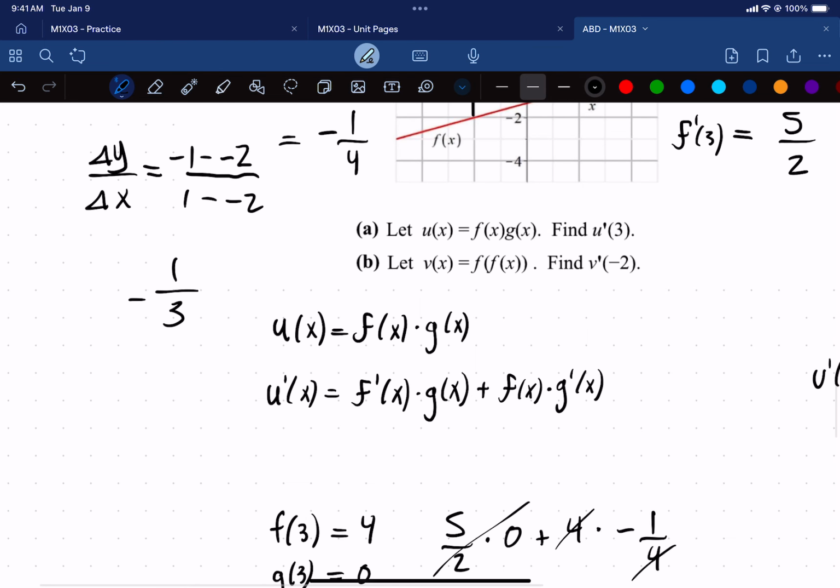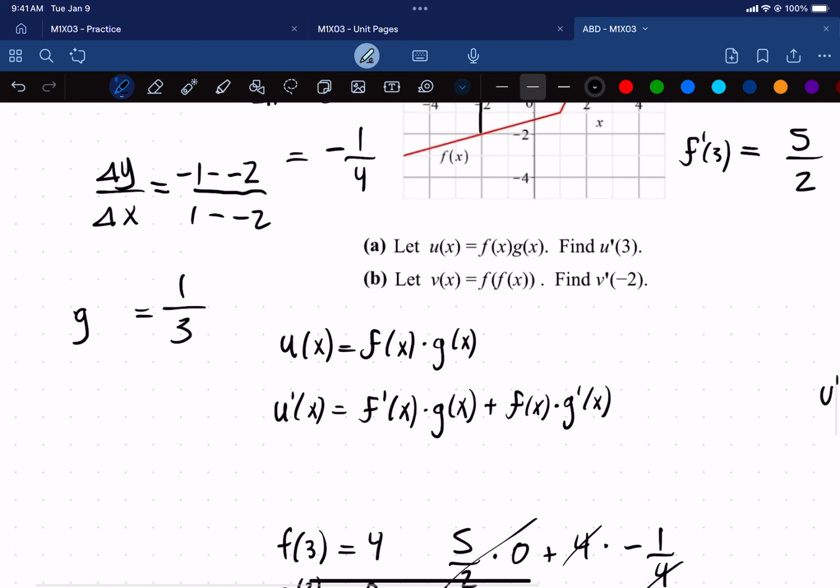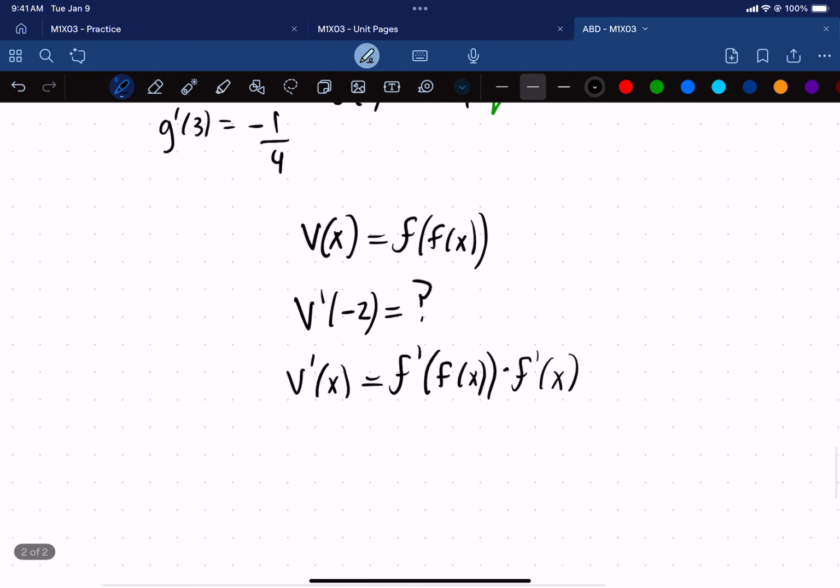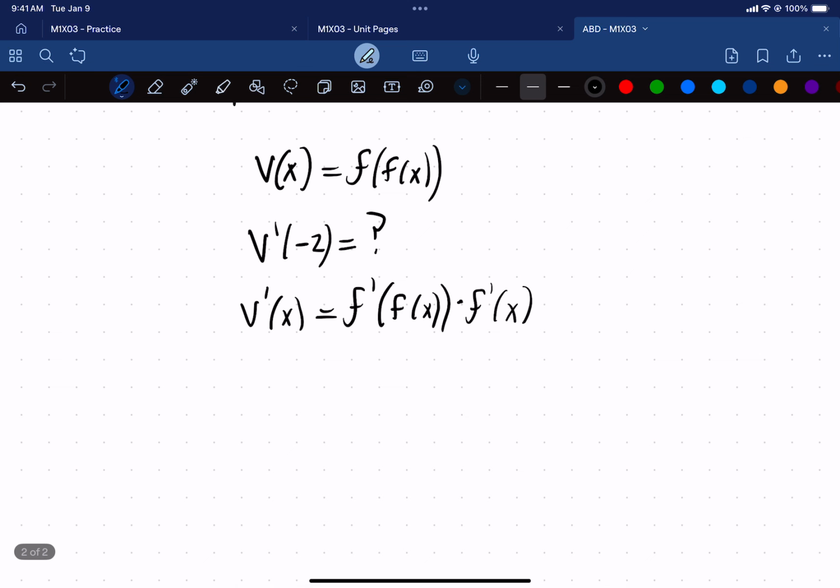Okay, so we can see that f prime of -2 is equal to 1 over 3. So what we can see right here is f prime of f of -2 times 1 over 3.